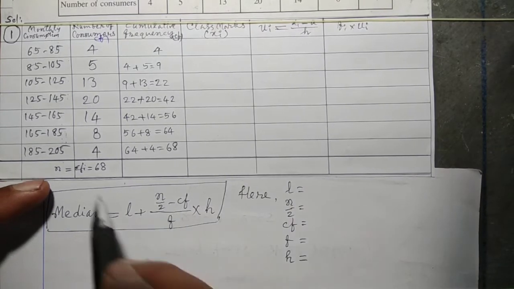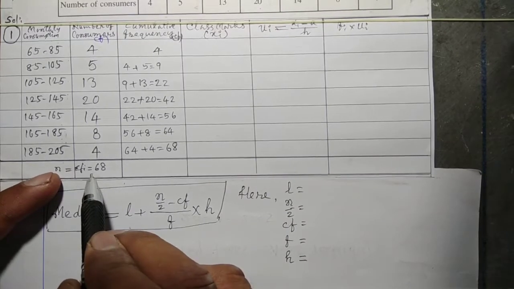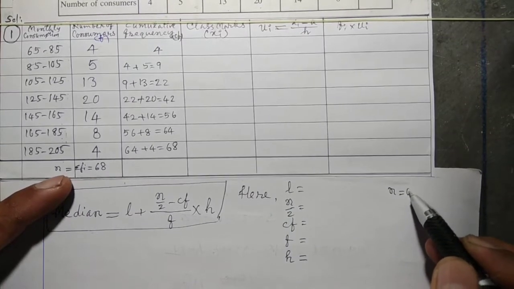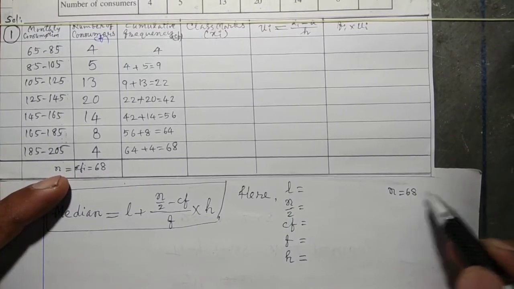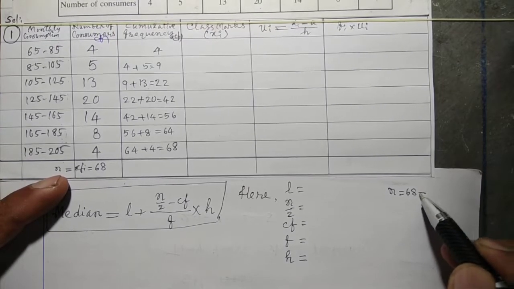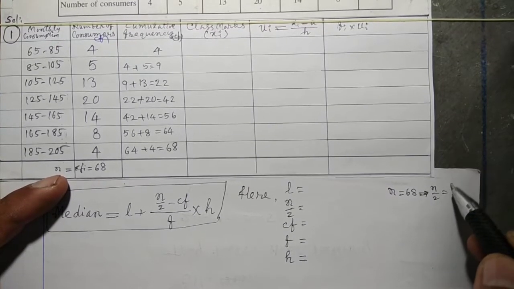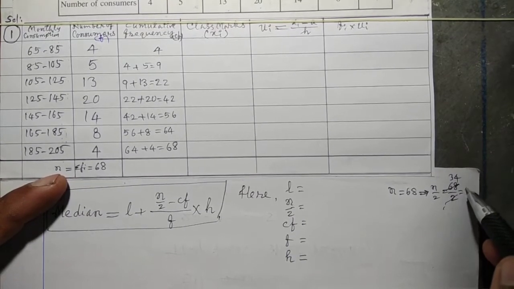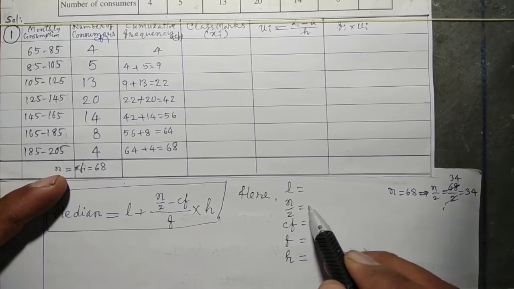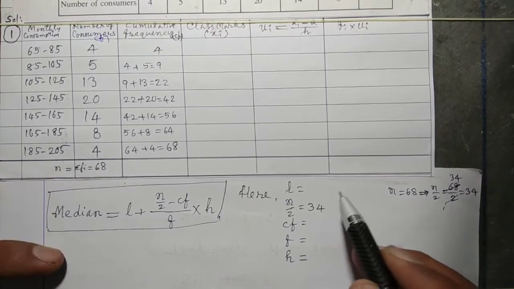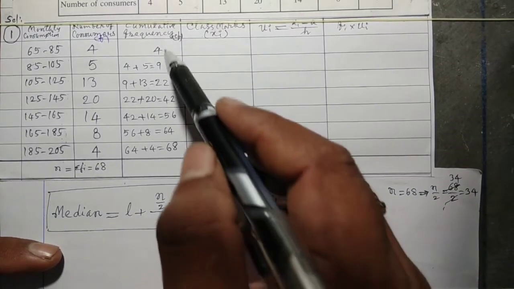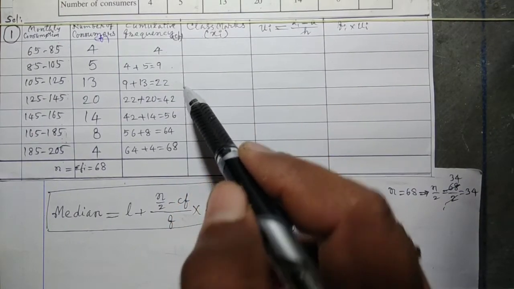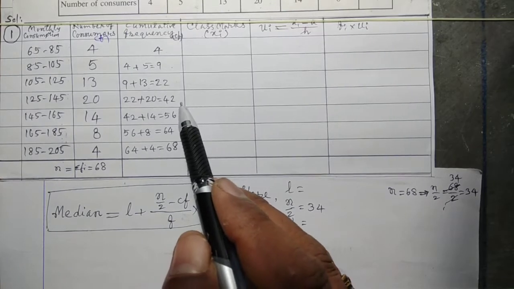By taking the help of the sum of the frequencies n. n is equal to 68, middle value n by 2 is equal to 68 by 2, which is 34. This 34 is in, below 4, no; below 9, no; below 22, no; below 42, yes.